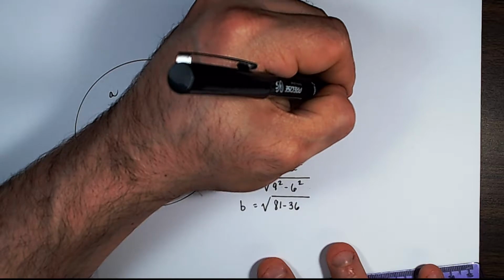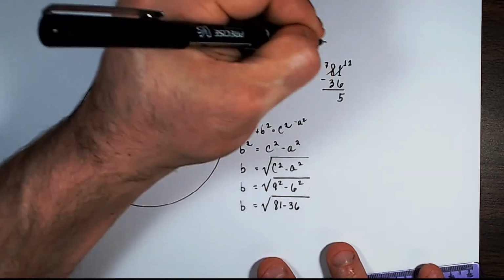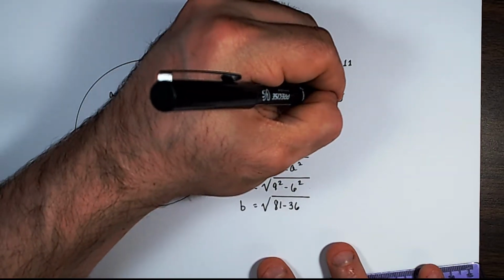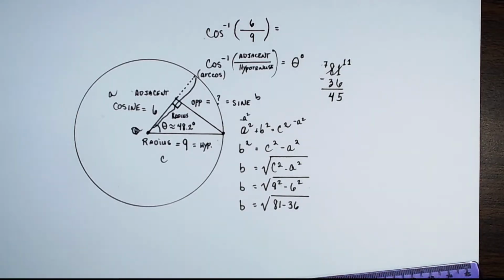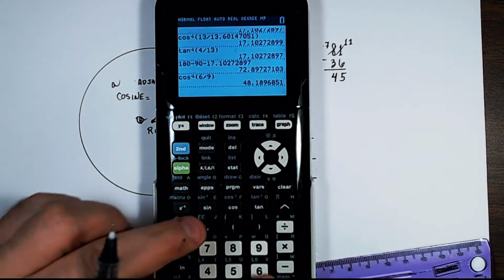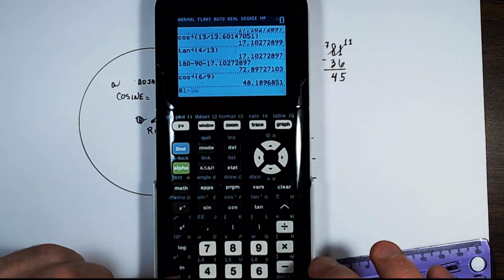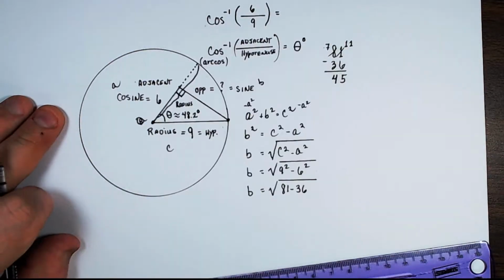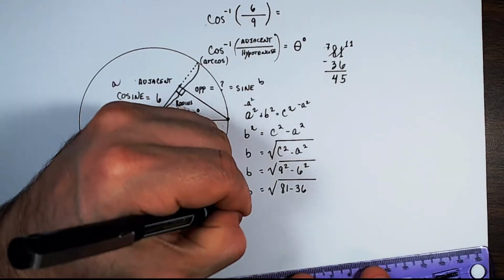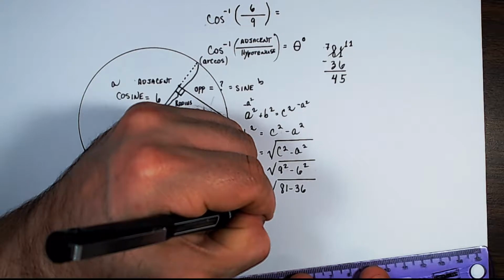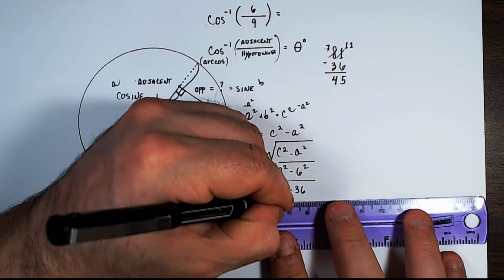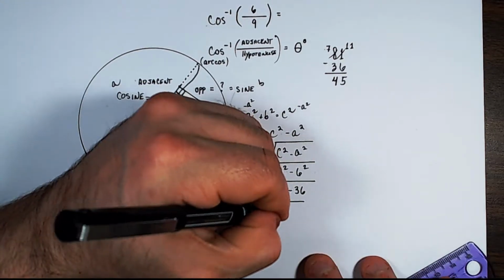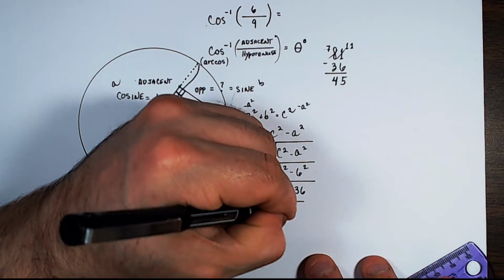Over here, 7 minus 3 equals 4. So 81 minus 36 equals 45. So B equals the square root of 45. Remember, square root gives plus and minus, but we're only going to take the positive value.